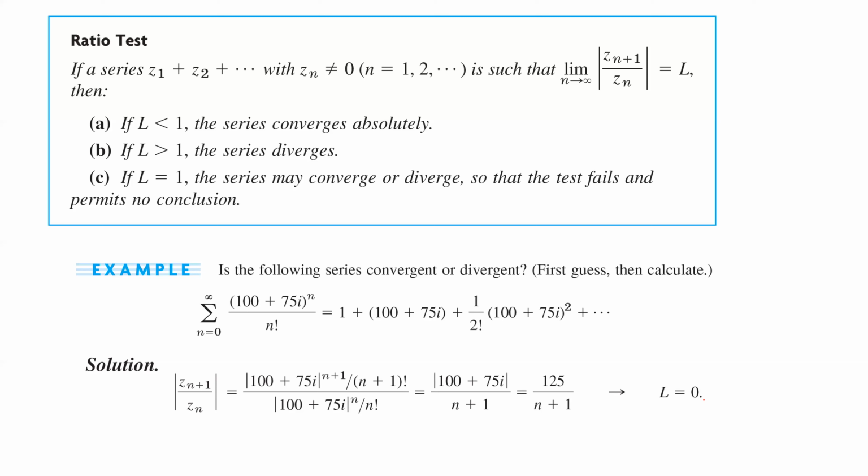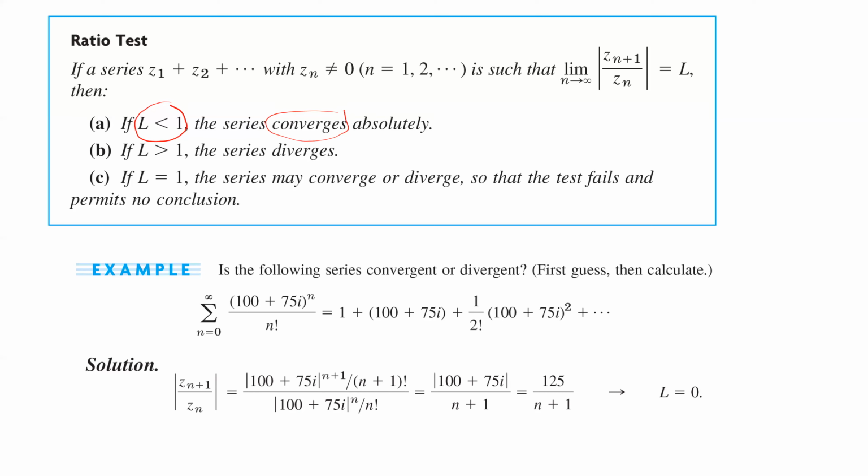So that's the reason we say that n factorial is stronger than any power. It becomes 0 because it's less than 1. The series converges absolutely. In particular, it's convergent. Any questions?